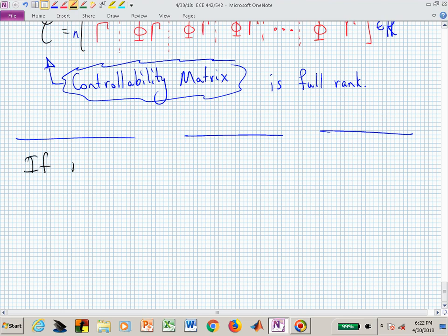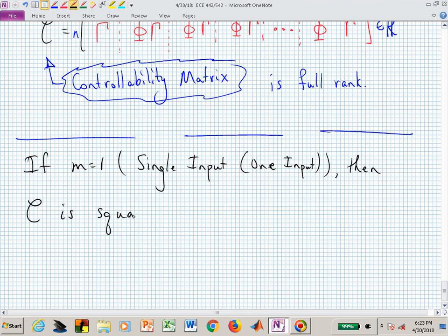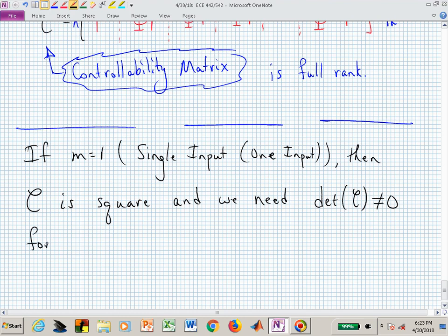So if m is equal to 1, or we have a single input, then this controllability matrix C is square, and we actually need the determinant of C to be not equal to 0 for the system to be controllable.